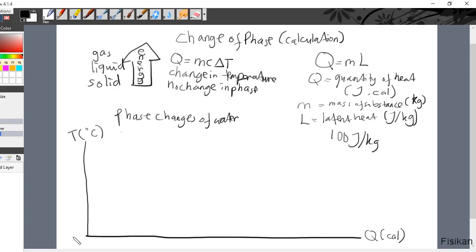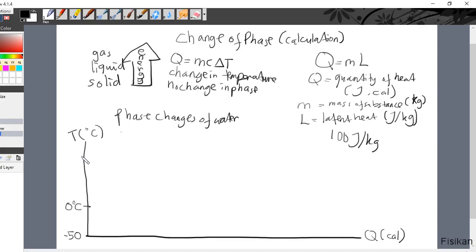We will start from the lowest level of energy of water phase, which is ice, and we will start with negative 50 Celsius degree, and absolutely water will be in ice form at that temperature. And here is 0 Celsius degree as the barrier to become liquid water.